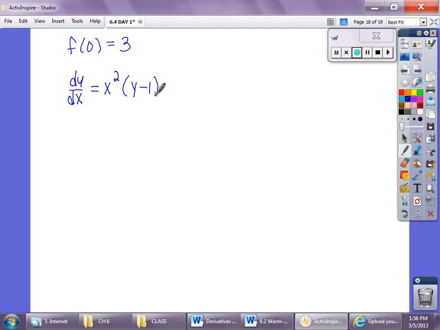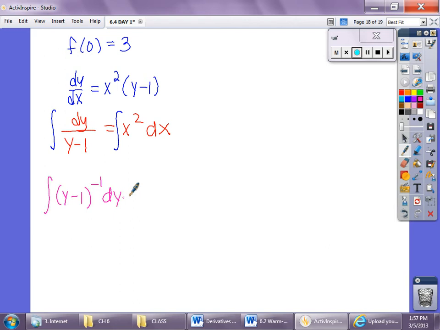And I'm going to solve the differential equation. So dy over y minus 1 is equal to x squared times dx. We're going to integrate. On the left side, you end up having the integral of y minus 1 to the negative 1 power. On the right side, you have the integral of x squared dx.